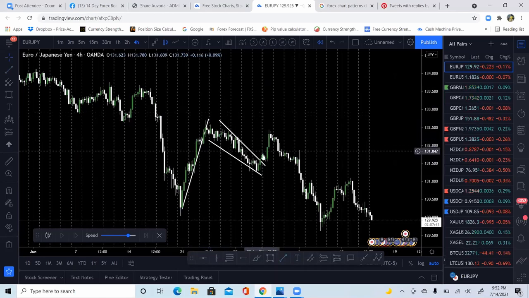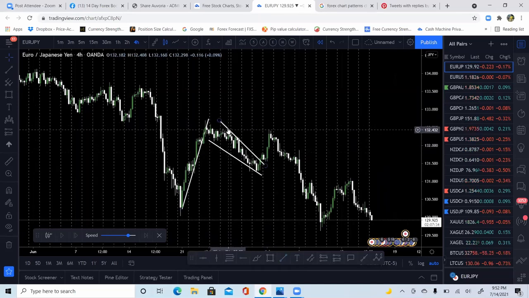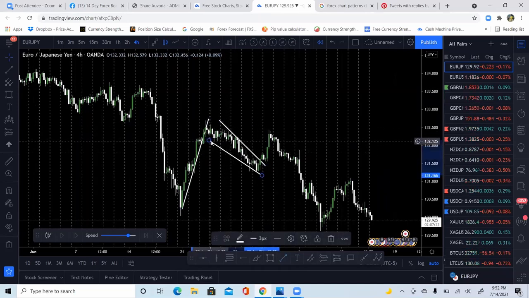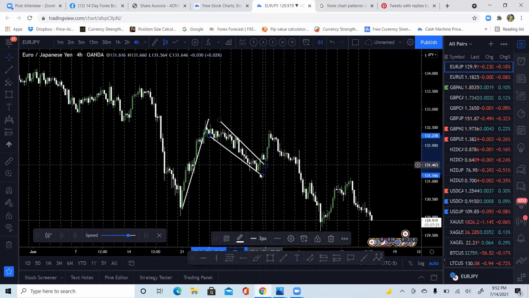So like a descending wedge. Now I didn't go as high as I wanted, I still made money on this trade. But I identified this trade because I saw that this was a descending wedge pattern for a bullish move up. The bullish move up wasn't as big as I wanted, but because I identified that, I was able to catch that trade.